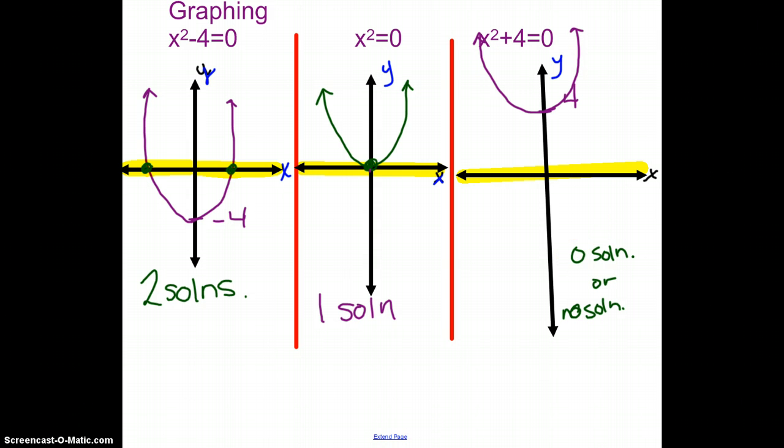So let's take a look at some equations to see how we can solve these. If I'm going to solve symbolically on these, I want to be able to get x by itself. So I could start out, I could add 98 to both sides. So I get 2x squared equals 98.